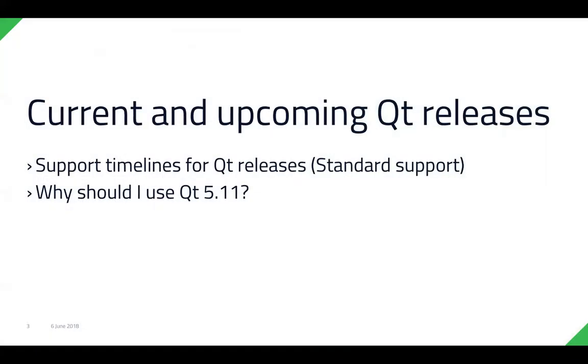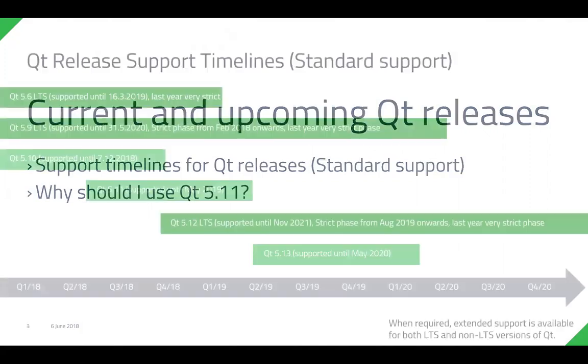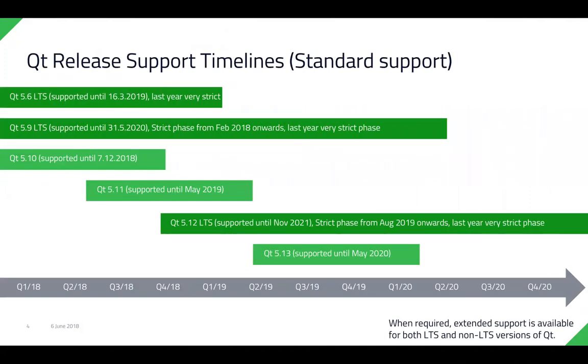So first, where does 5.11 fit into the releasing spectrum? Here is a timeline view of currently supported Qt releases for their standard support, and then 2 upcoming releases shown as well. Qt 5.6, our first long-term supported Qt 5 release, is still supported until March 2019. It's already in its last year, and this means that it's in a very strict phase.